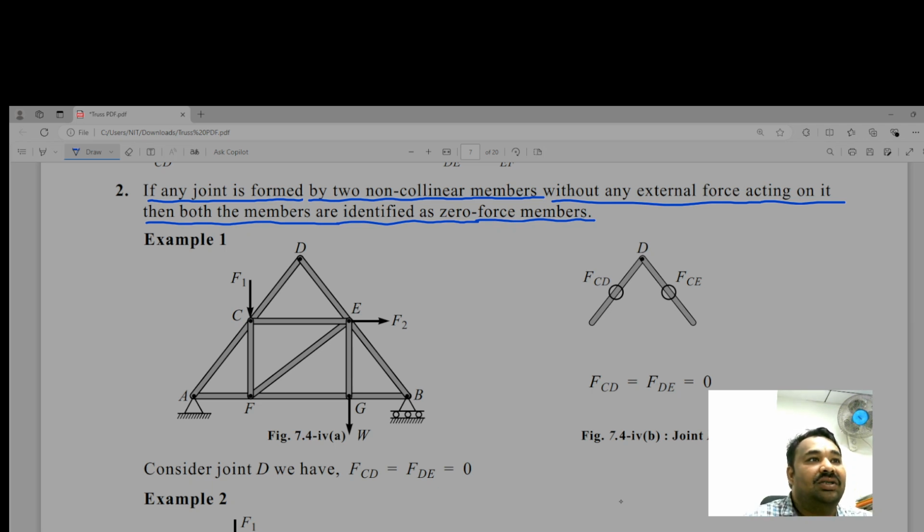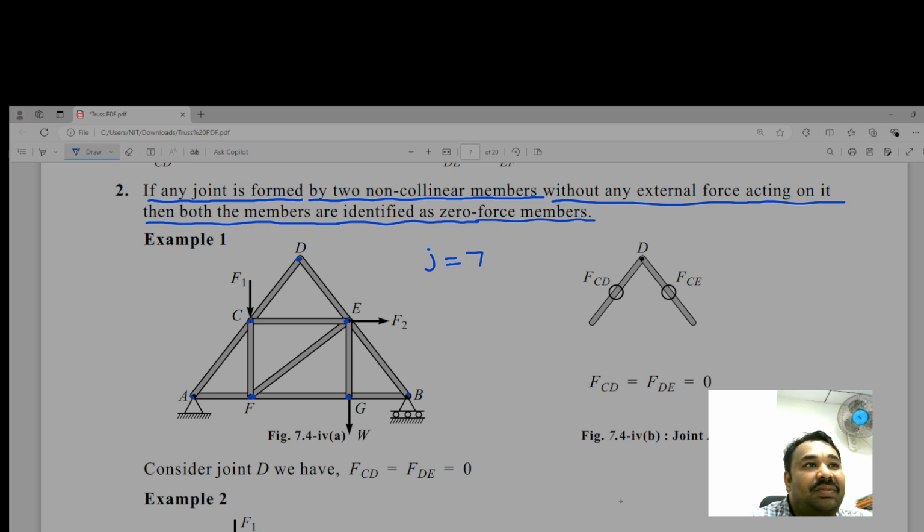How many joints are there? 1, 2, 3, 4, 5, 6, 7 joints are there. However, it is not required to identify all of them. We have to identify the joint which is not subjected to external force.